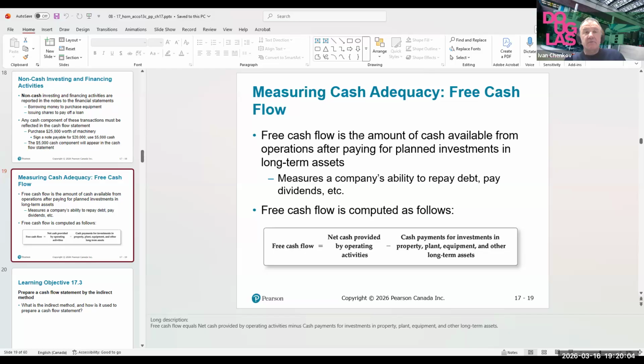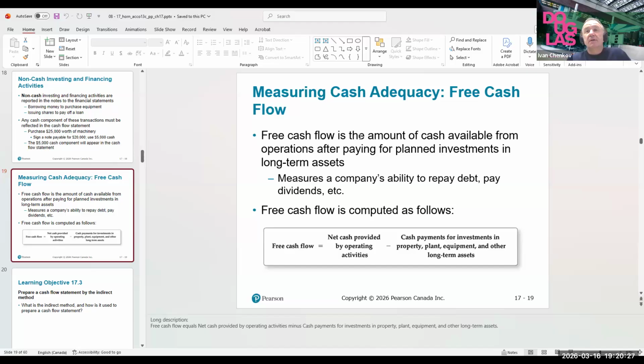From that cash that we generate from the operating activity, we're going to deduct all the investments in the property, plant, and equipment that we're planning to make for company sustainability. We're going to deduct any long-term assets that we're planning to purchase, and that will be our free cash.